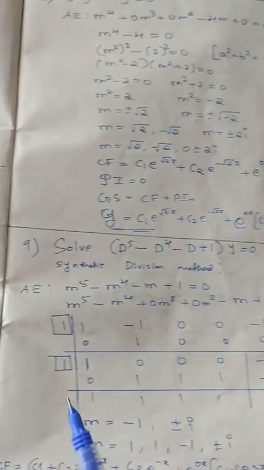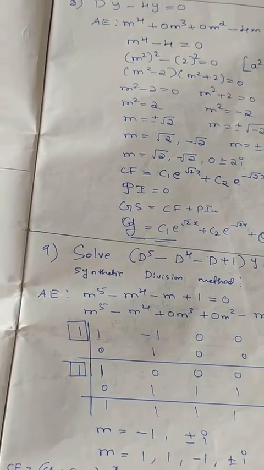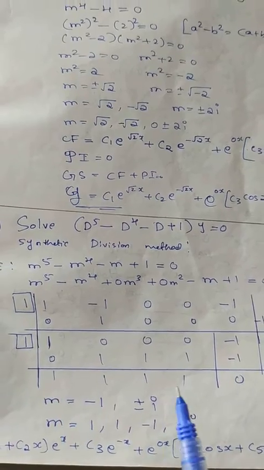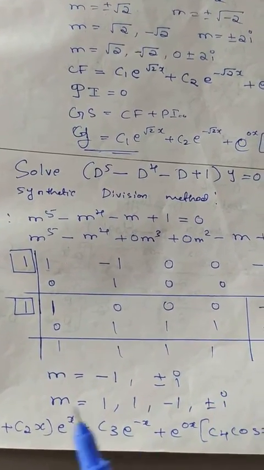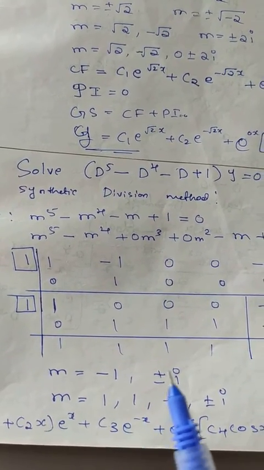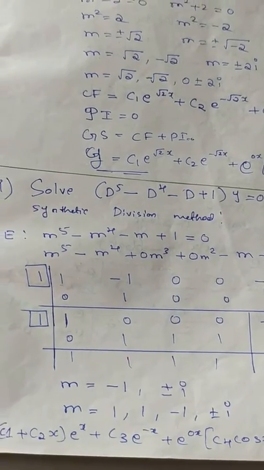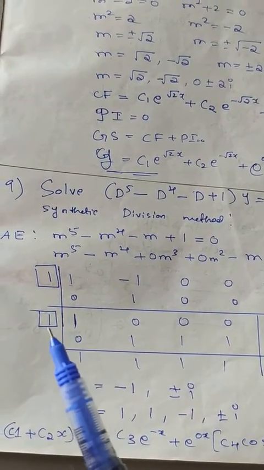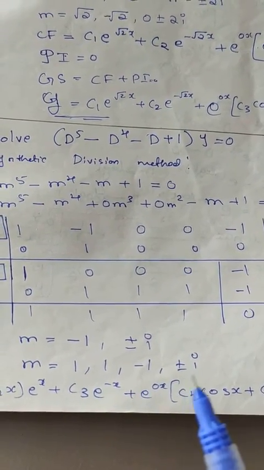Again we get 0, that means 1 is one more root, that means 1 repeats 2 times. For these 4 constants, use a calculator. m is equal to minus 1 plus or minus i, imaginary. Here how many roots are there? 5 roots: 1, 1, minus 1 plus or minus i.